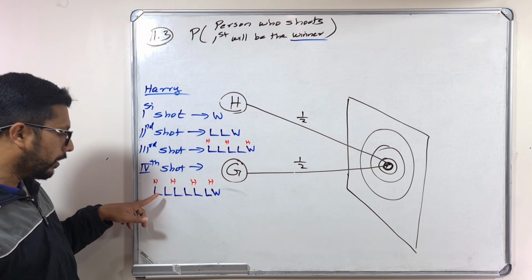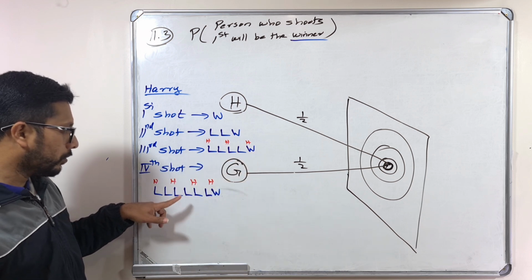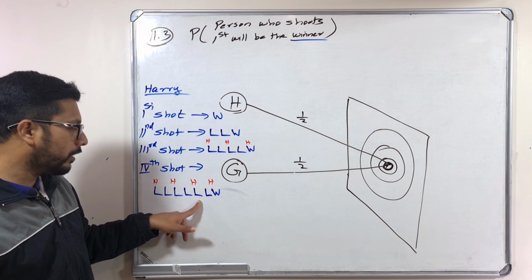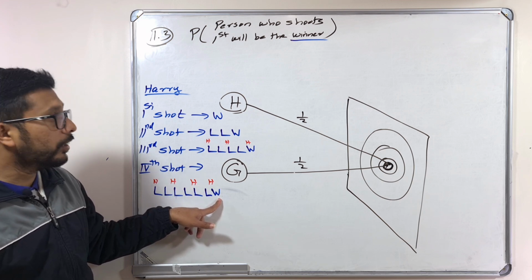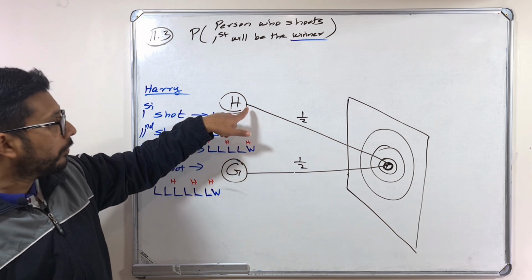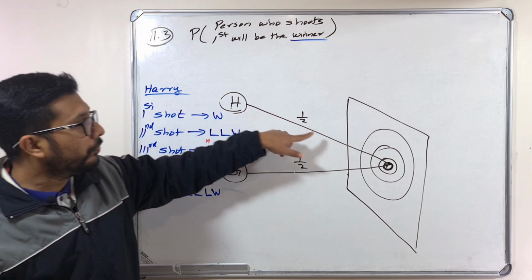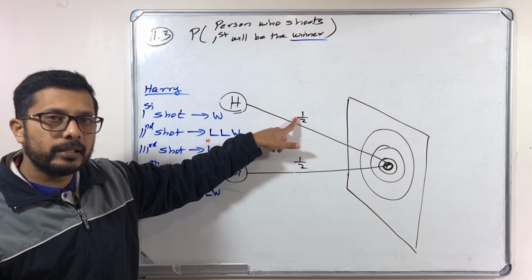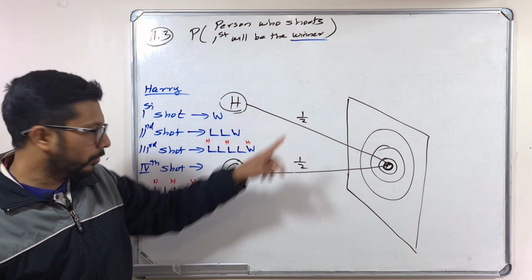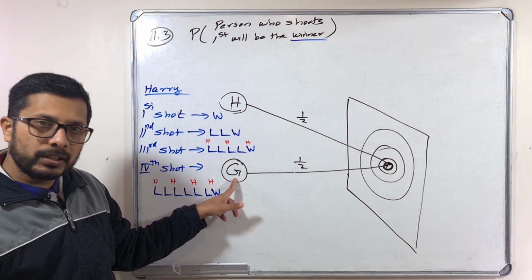Then the next possibility: Harry loses, Glenda loses, Harry loses, Glenda loses, Harry loses, Glenda loses, then Harry wins. So here I told you the probability of Harry winning is 1/2. It means that the probability of Harry losing is also 1/2. What is the probability of Glenda winning?